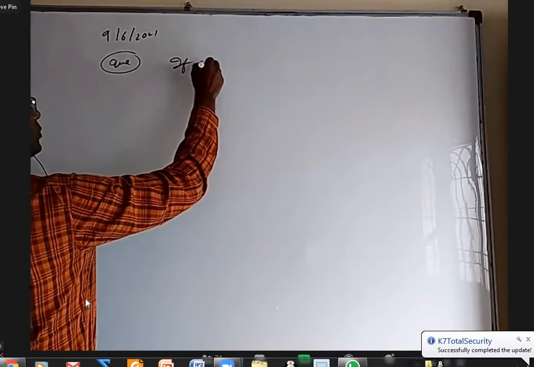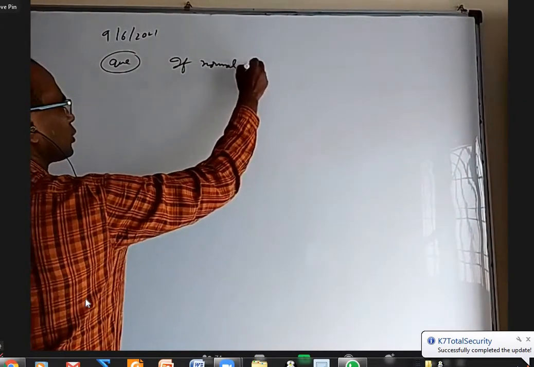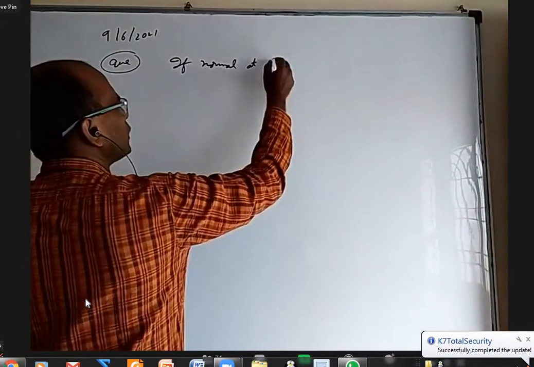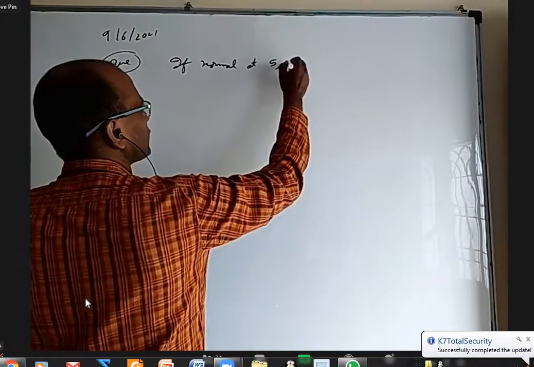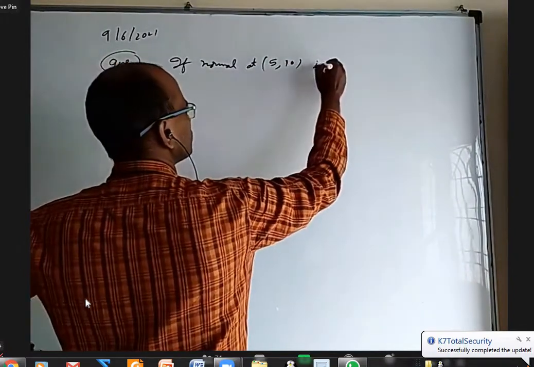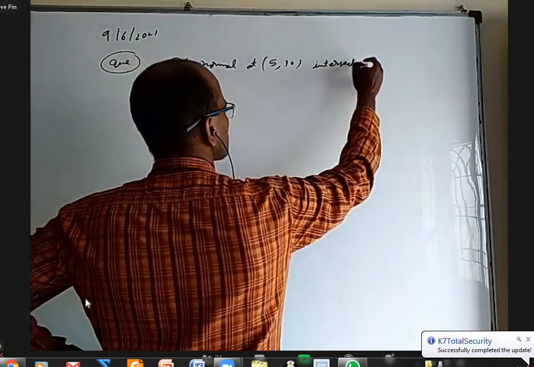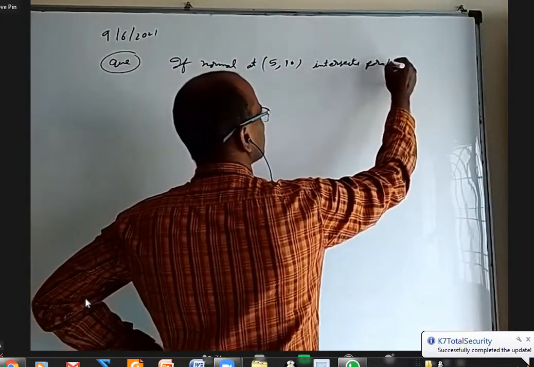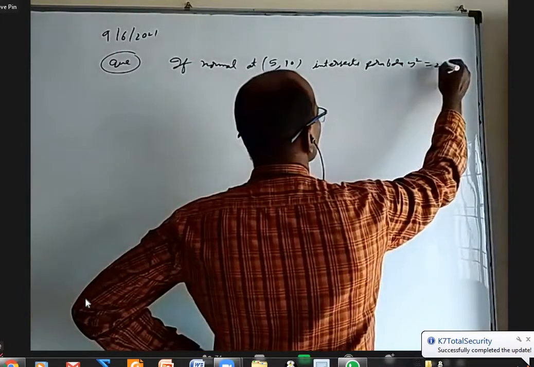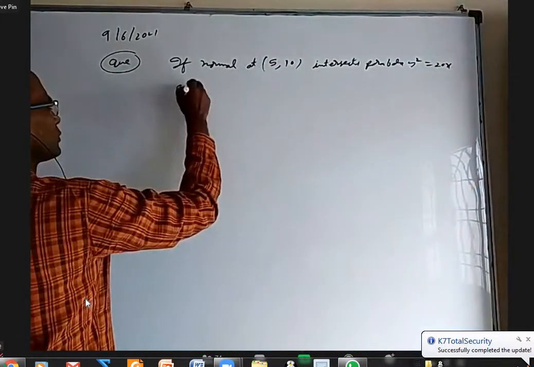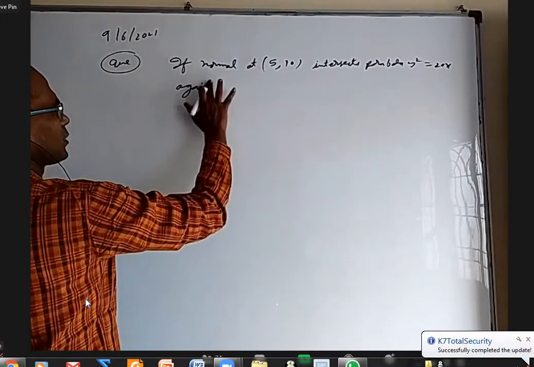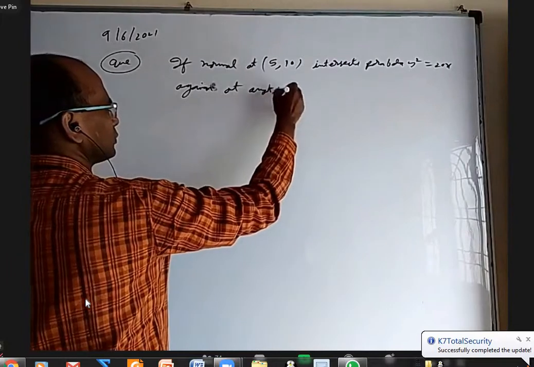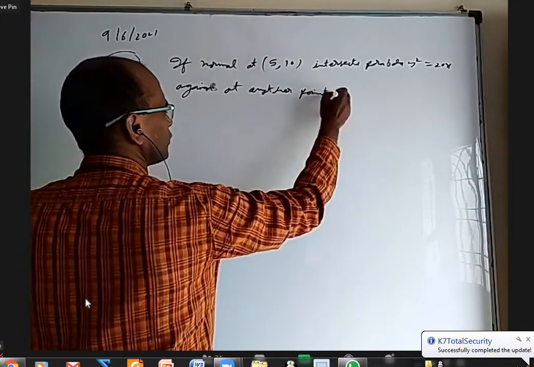If the normal at (5, 10) intersects the parabola y squared equals 20x again at another point, find that point.